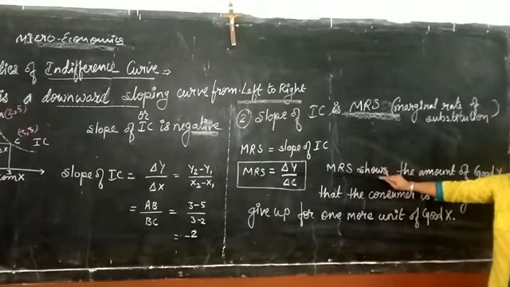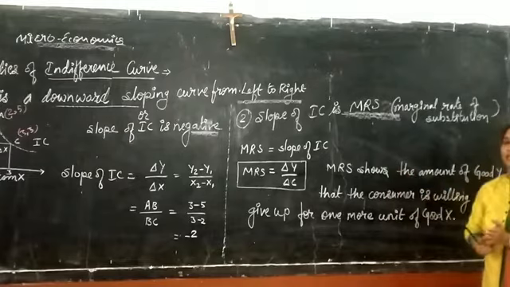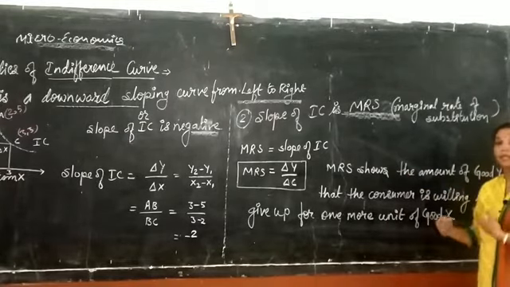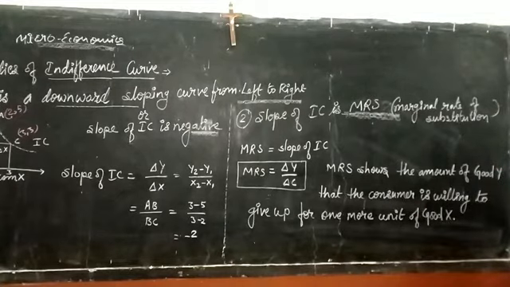So marginal rate of substitution means we are substituting the consumption of one commodity. MRS shows the amount of good Y that the consumer is willing to give up for getting one more unit of good X. This is called marginal rate of substitution.